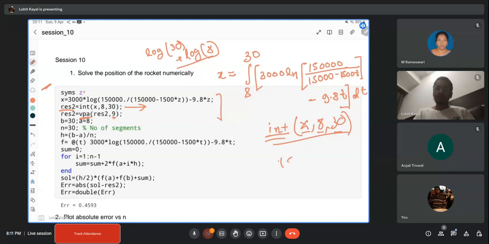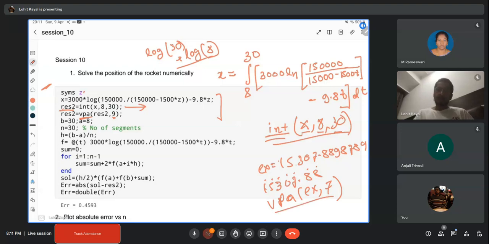Suppose I have a number like 15307.88988789, but I just need 15307.88. Then I will write VPA of x comma 7, and it will count the first 7 digits.